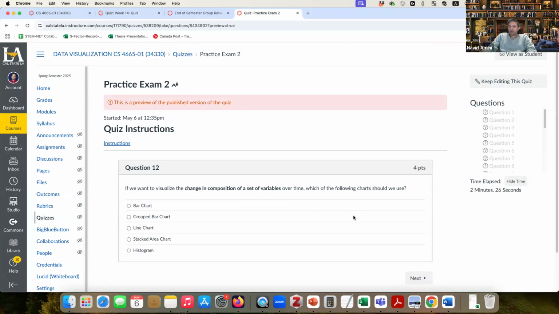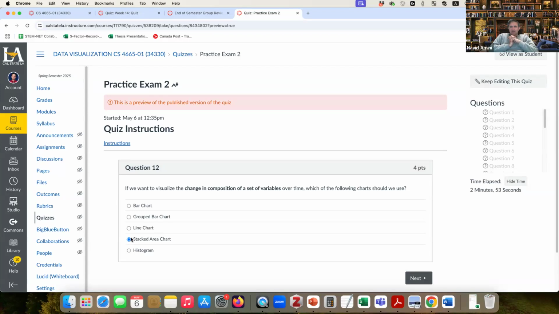Question number 12, change in composition of a set variable over time. Adi, you are right. So composition. Okay, what does that mean?